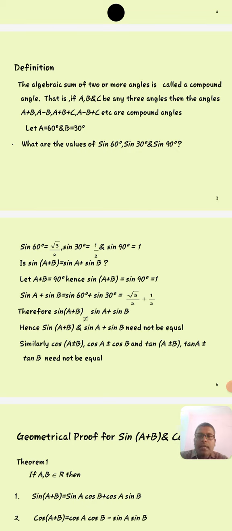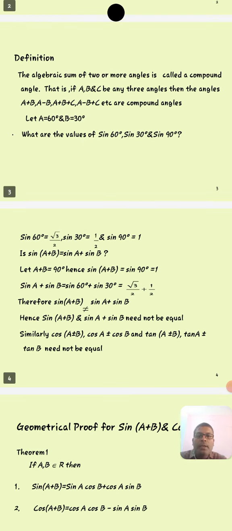Let A plus B be 90 degrees, hence sin of A plus B is sin 90 degrees, which is 1. Sin A plus sin B is sin 60 plus sin 30, that is root 3 by 2 plus 1 by 2. Therefore, sin of A plus B is not equal to sin A plus sin B. Hence, sin of A plus B and sin A plus sin B need not be equal.